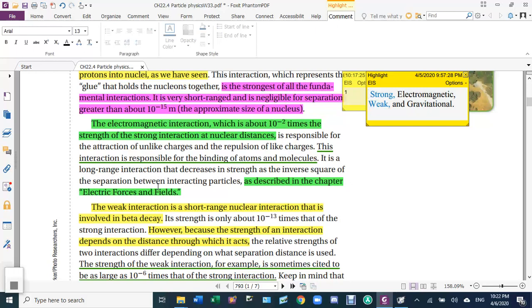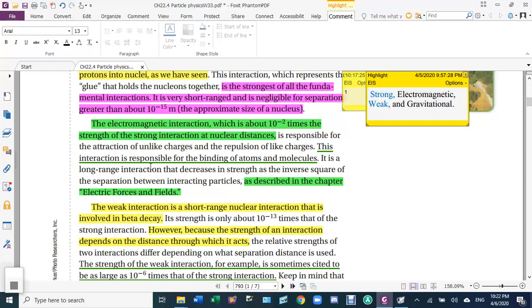Now, the second, the electromagnetic interaction, which is about 10 power minus 2 times the strength of the strong interaction at nuclear distances. There's a difference in distances between the two interactions. It's responsible for the attraction of unlike charges and the repulsion of like charges. Unlike charges, proton and electron, for example.